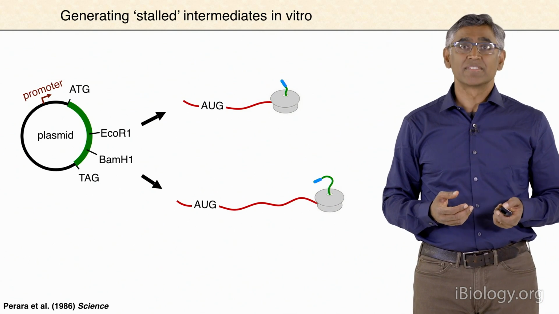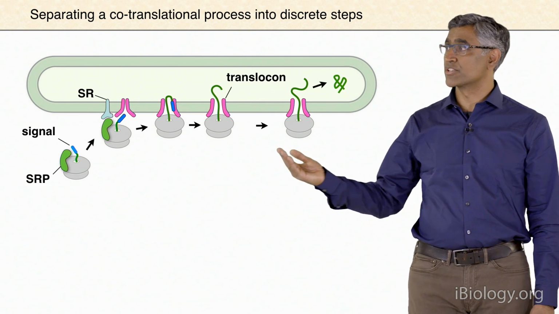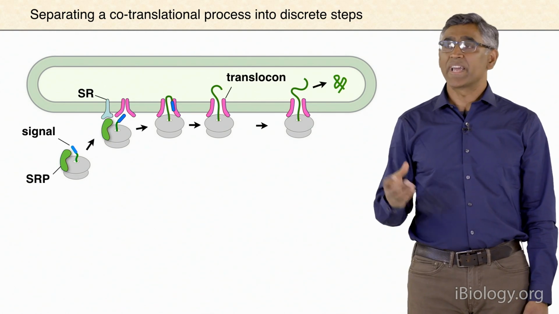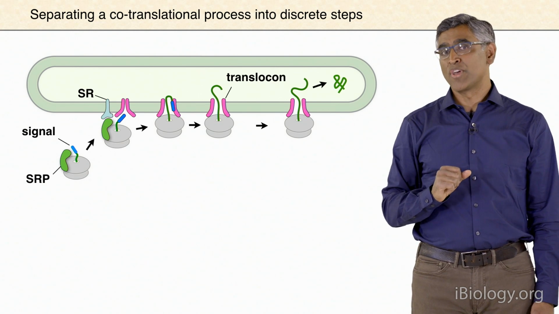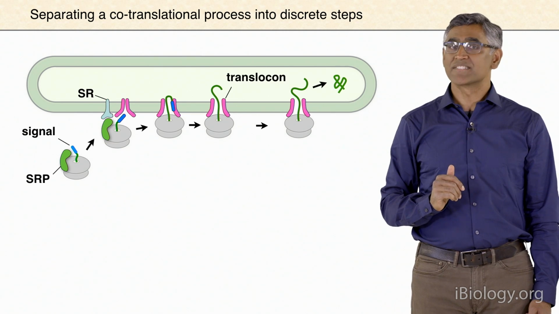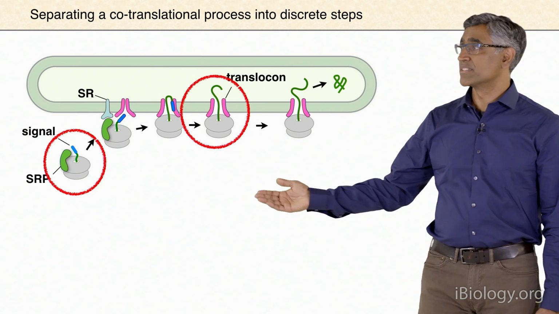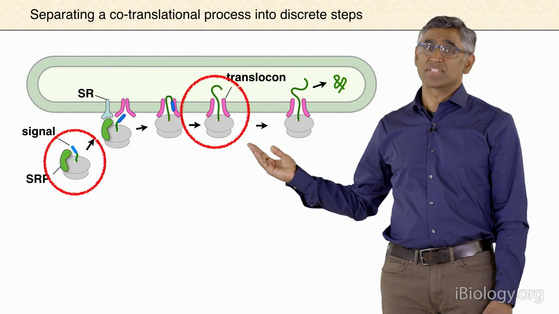And so what that means is you can take a continuous process, such as this, that usually occurs co-translationally, and actually discretely break it down into distinct steps, because you could stop translation at a very precise point. And so this then could be exploited, for example, to see what was happening at early versus late steps.